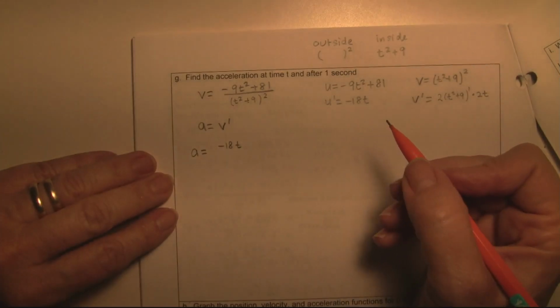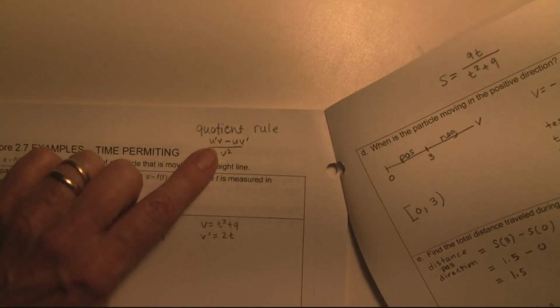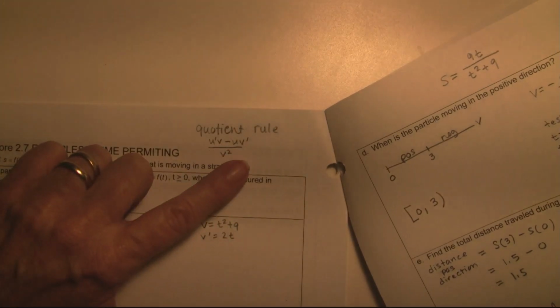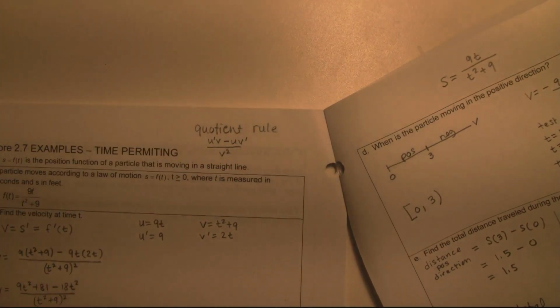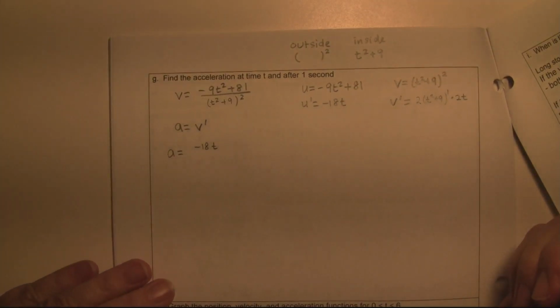I'm just doing this quotient rule that I wrote right here: u prime v minus u v prime, divided by v squared.